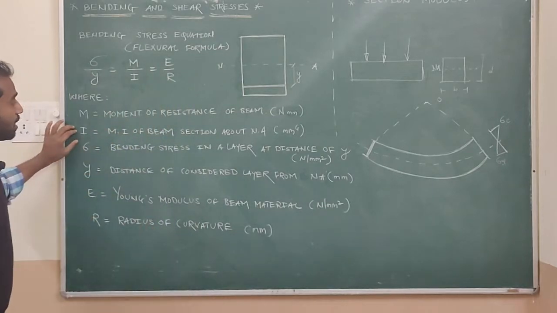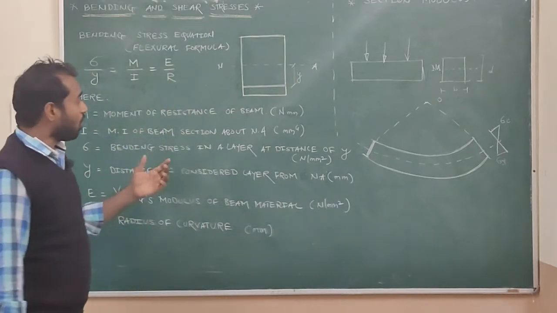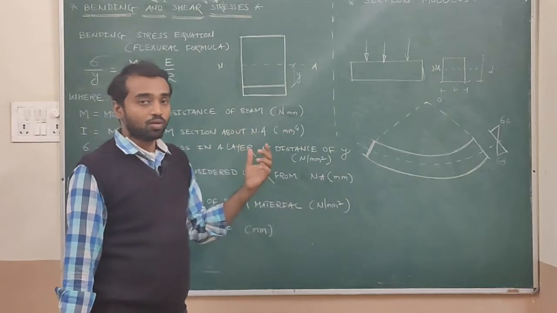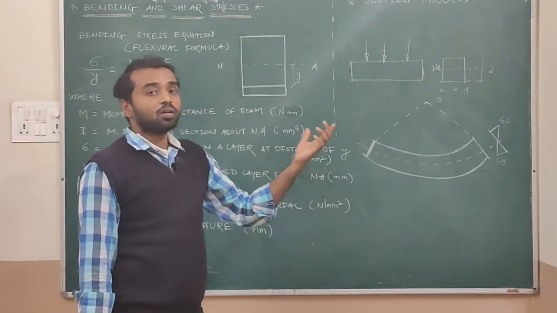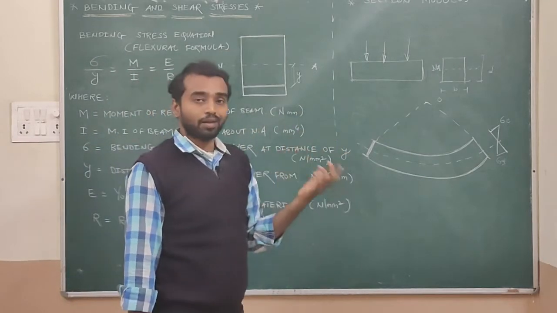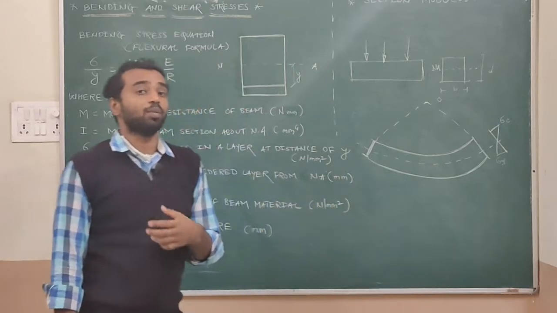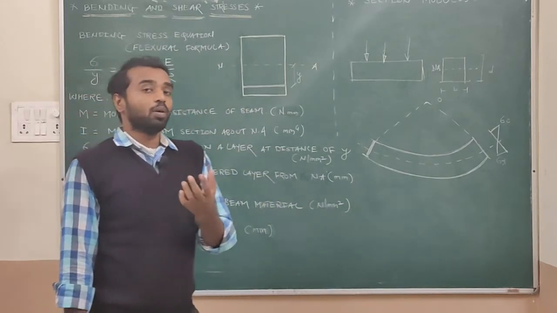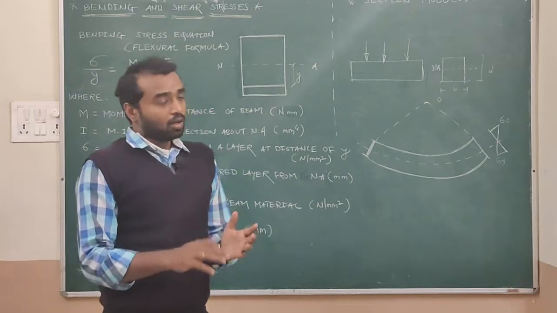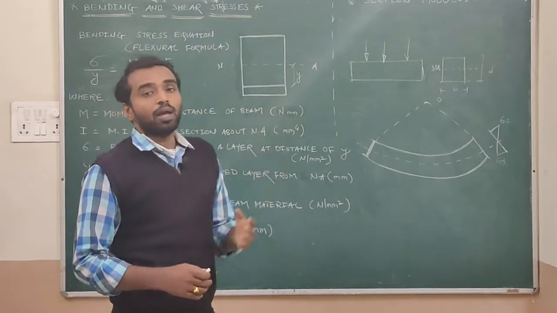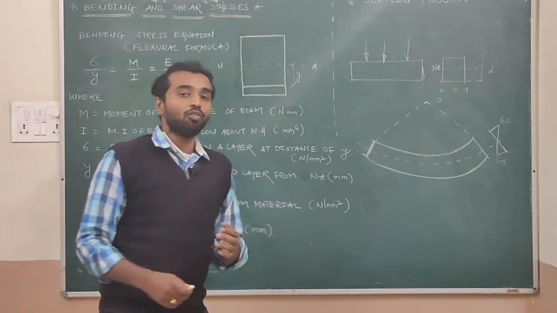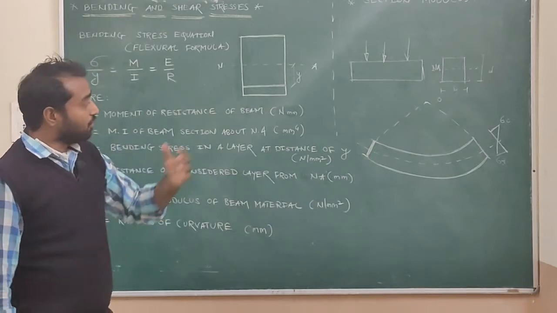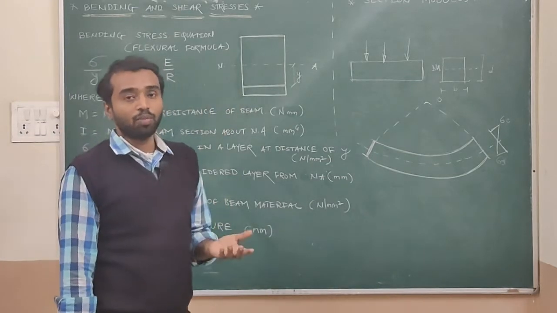Next, I is the moment of inertia of the given section. Whatever the type of your section, it may be rectangular, circular, hollow rectangular, or hollow circular, and according to that you need to consider the value of moment of inertia. If it is rectangular, then it is b d cube by 12.